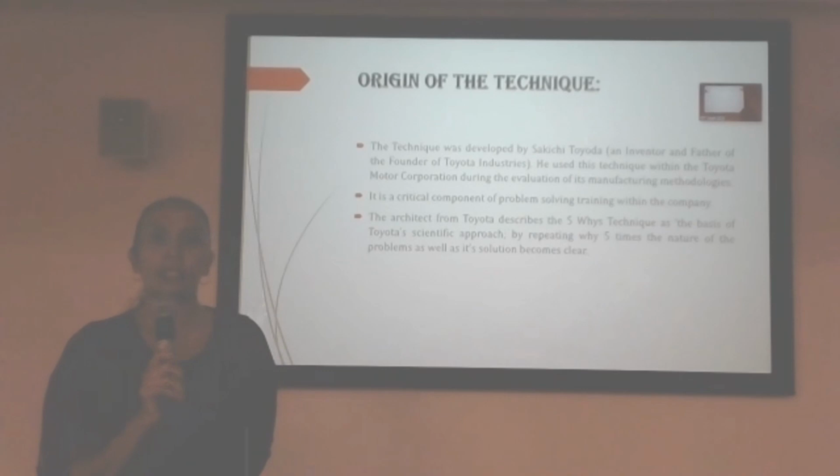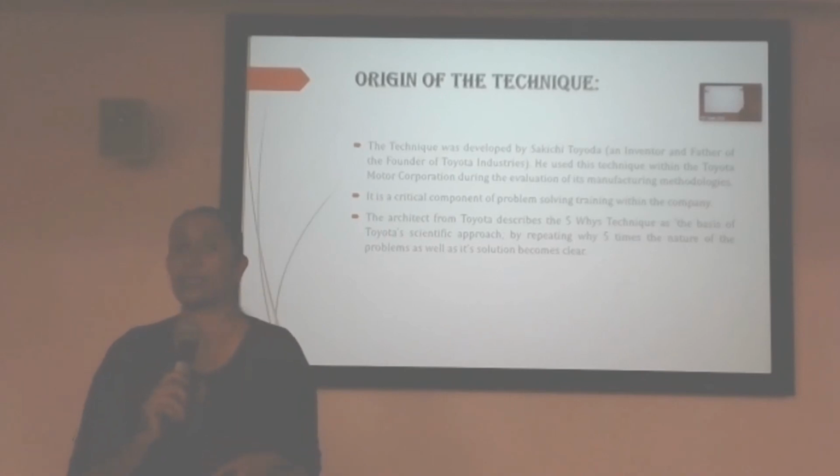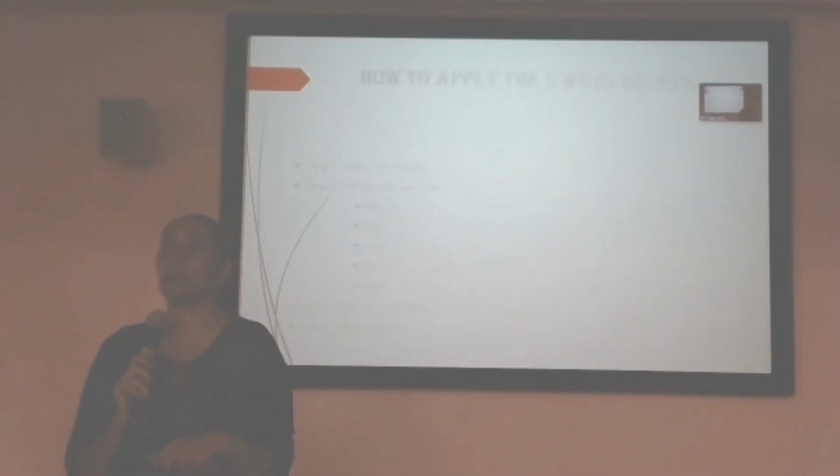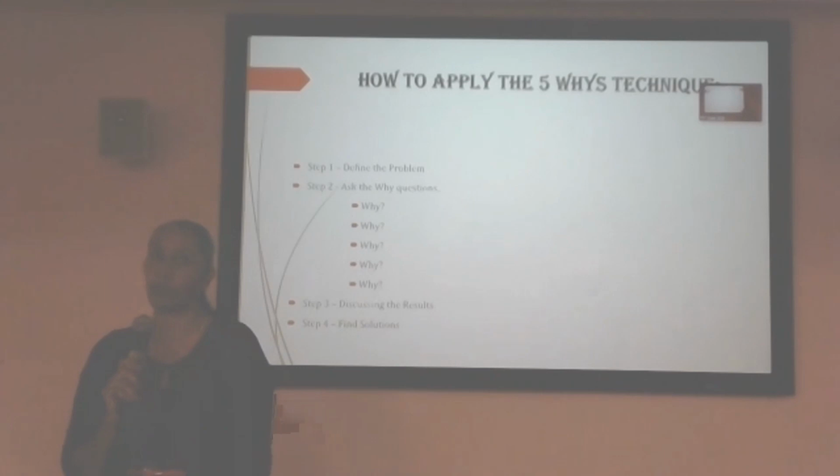It is a critical component of problem-solving training within the Toyota company. The architect from that company stated that the 5 Whys technique is the basis of Toyota's scientific approach. By repeating why 5 times, the nature of the problem as well as its solution becomes clear, and they have been using that technique from that time up to this day. That is a main technique within the Toyota industry.